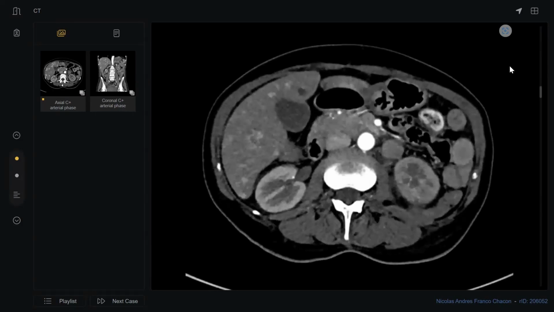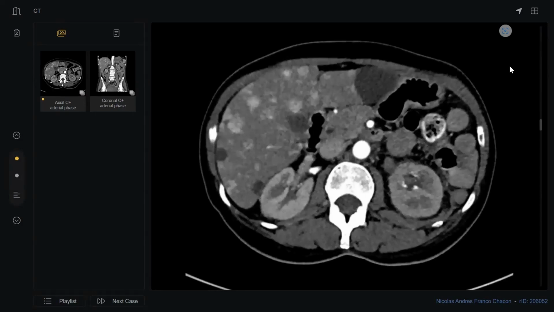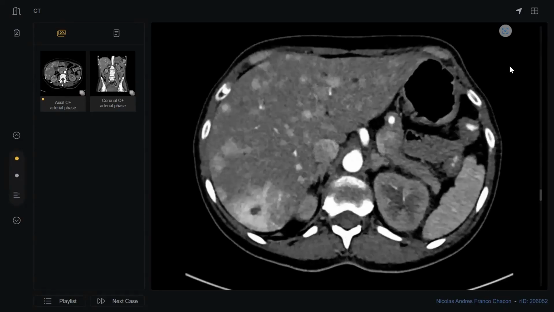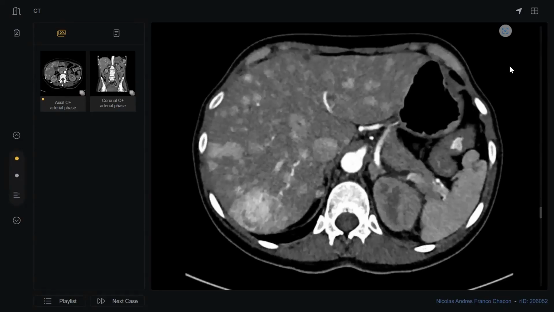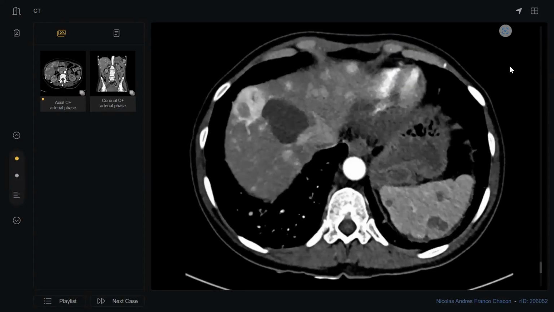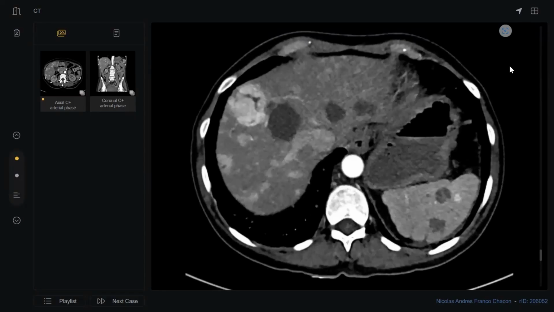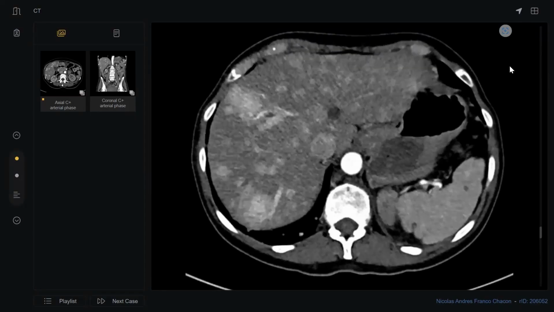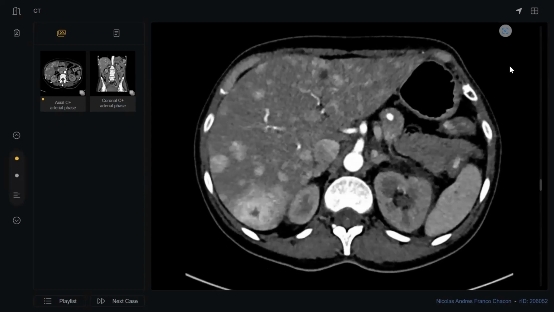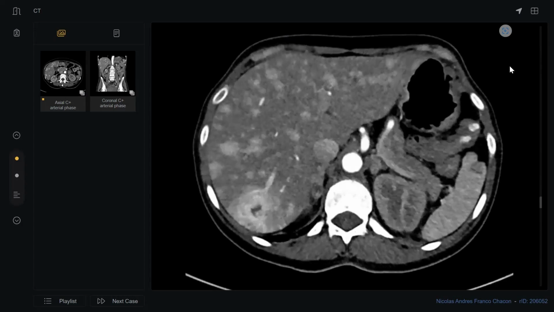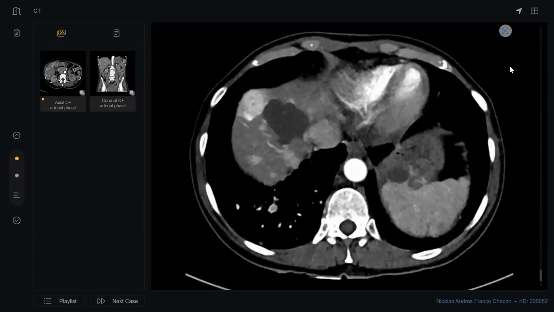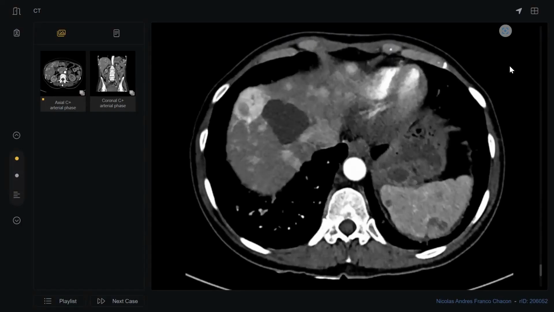The striking abnormality I can appreciate in this arterial phase imaging is multiple enhancing lesions randomly distributed throughout bilateral lobes of the liver, with the largest one being in the right lobe in segment 8, which is showing heterogeneous density with necrotic areas within. The liver is also enlarged in size and is showing heterogeneous attenuation in this arterial phase image. These multiple lesions within the liver look like metastatic lesions to me.